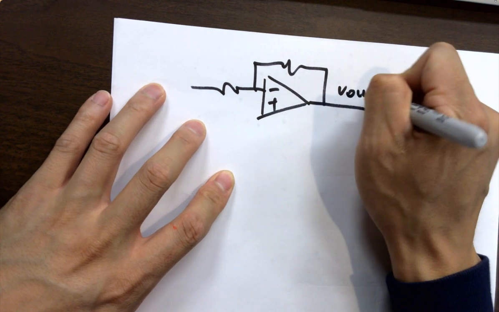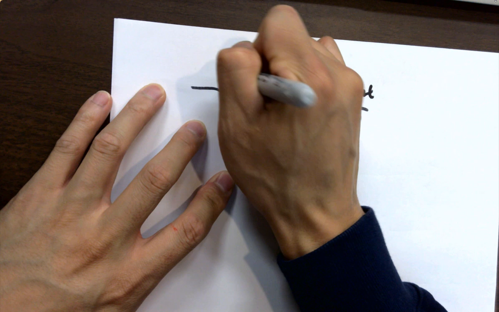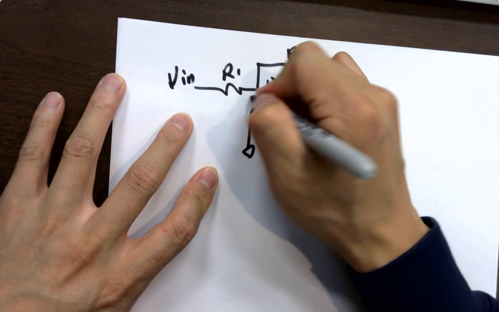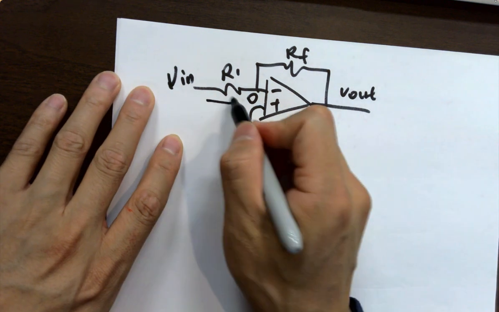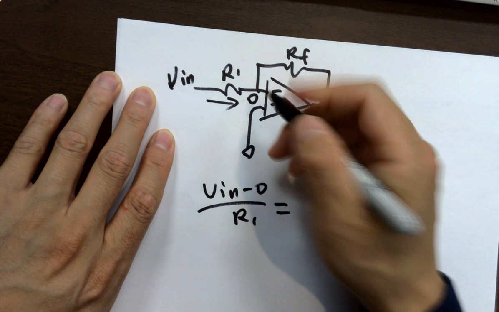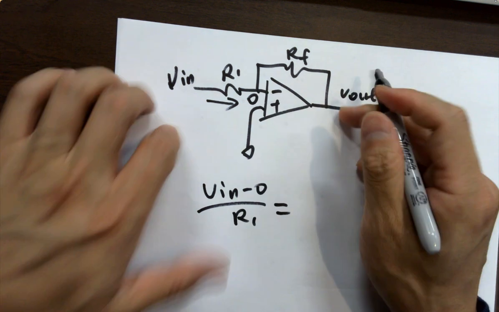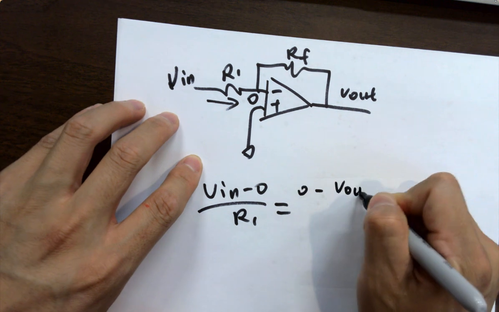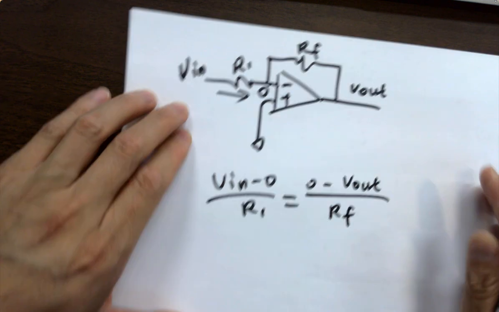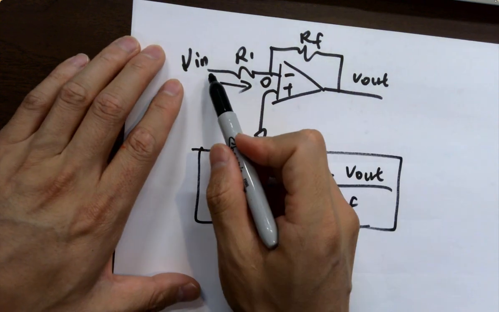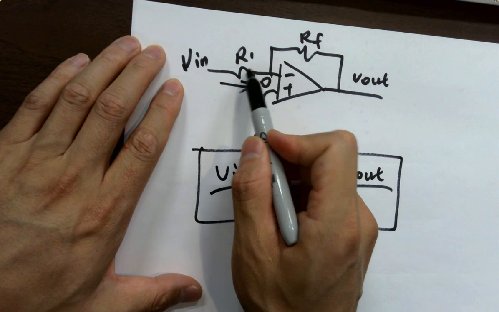Vout, RF, R1, Vin, and ground is a negative feedback, so 0 volts. Okay, Ohm's law: (Vin minus 0) over R1 equals, let's just directly use the left-to-right direction, (0 minus Vout) over RF. You want to remember this equation. It's just a simple Ohm's law: (Vin minus 0) over R1.